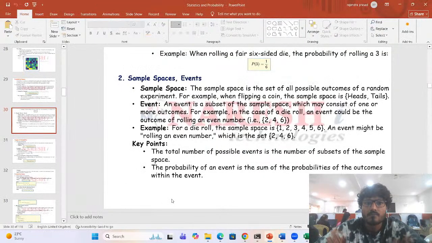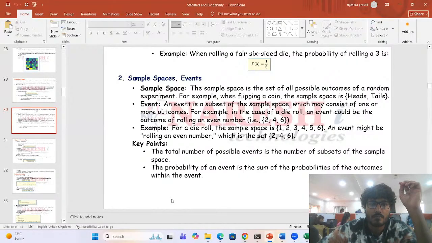The key point to remember, as I already mentioned, is that the total number of possible events is the number of subsets of the sample space.